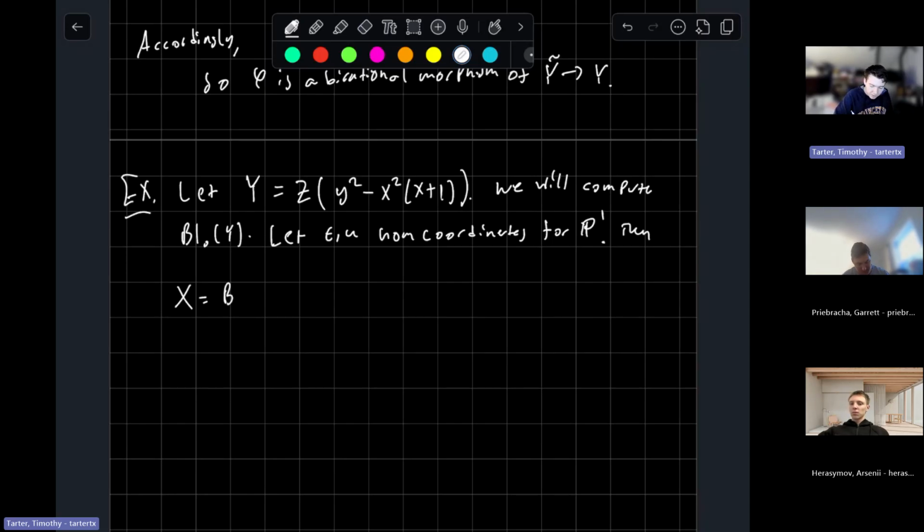Then X, which is the blow up at 0 of y, oh wait, no, at a squared, is defined by xu equals ty in A2 cross P1.